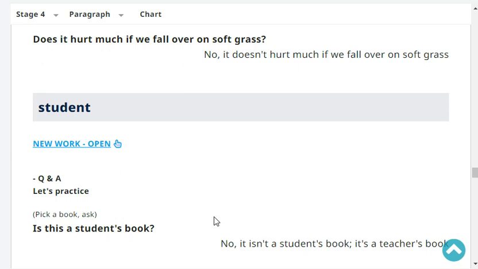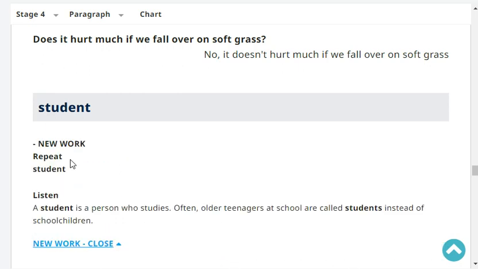Let's have new words. Okay, so let's start now. Okay, repeat. Student. Very good. Okay, listen. A student is a person who studies. Often older teenagers at school are called students instead of school children.